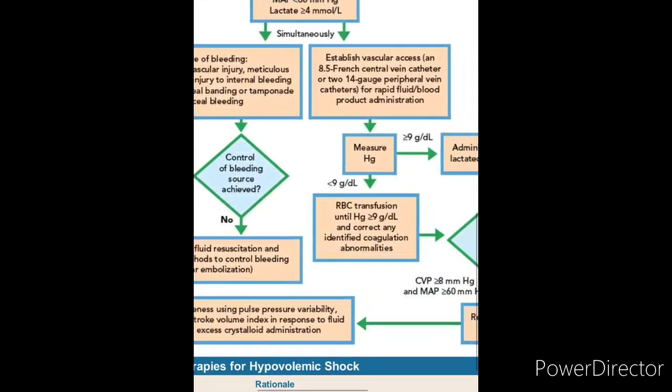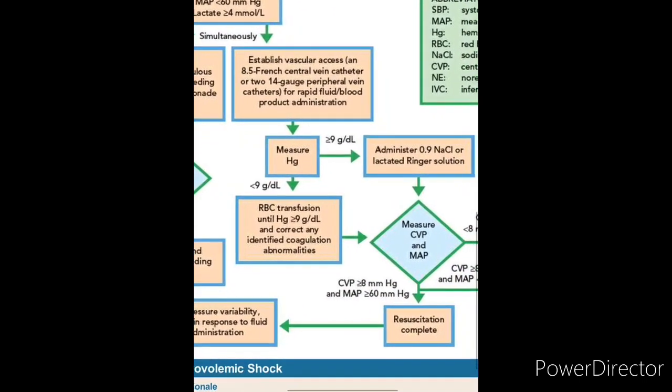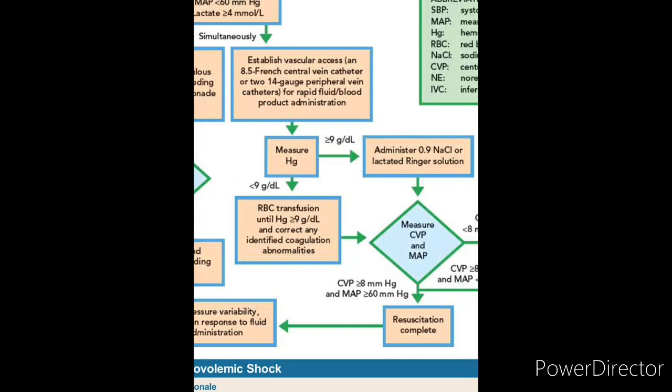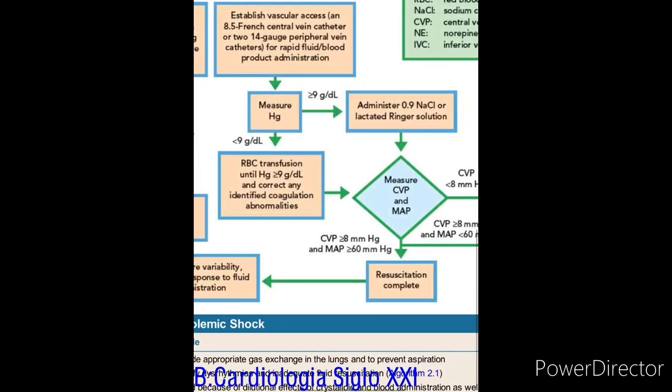Okay, now let's have a look at how to fluid resuscitate. You'll have to secure two wide bore IV cannulae. It could be 16 gauge or higher, or at least one 8.5 French central vein catheter. And then we have to start the rapid fluid or blood product administration. How do we decide whether we need to give blood or not?